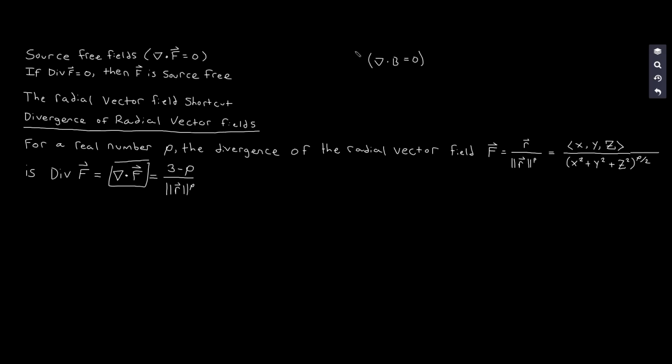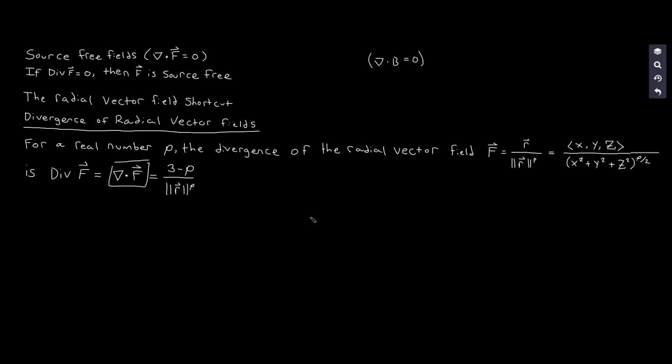The radial vector field shortcut is shown right here. And this is the divergence of radial vector fields. For a real number rho, the radial vector field, vector f equaling vector r over the absolute value of vector r raised to the power of rho, equals x, y, and z over x squared plus y squared plus z squared raised to the power of rho over 2, a fractional exponent there.